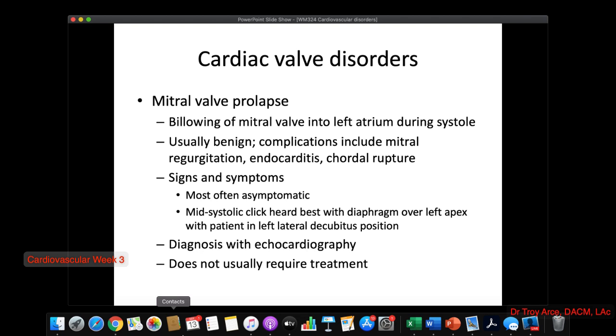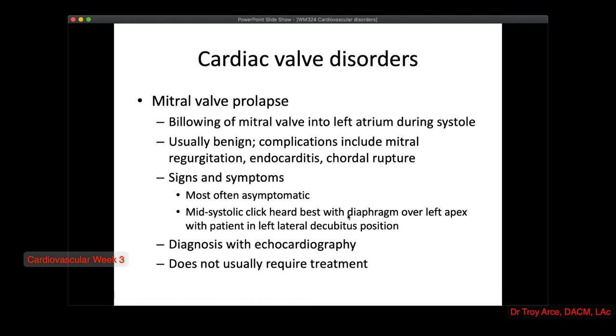Usually it's benign, but the complications can include mitral regurgitation, endocarditis, chordal rupture. Remember we were talking about the connective tissue and the tendons within the heart that keep everything together, keeping the atria and the ventricles in place, all that tissue. Sometimes that area can rip.